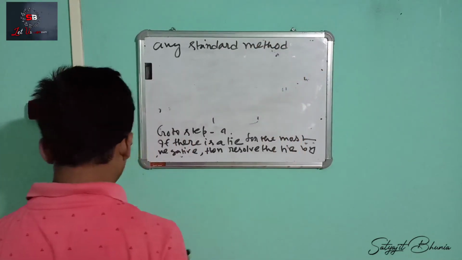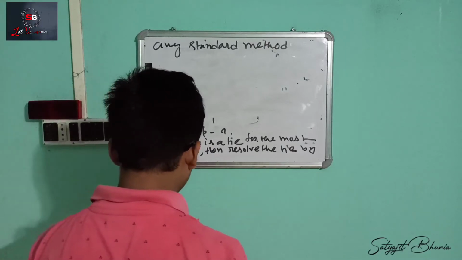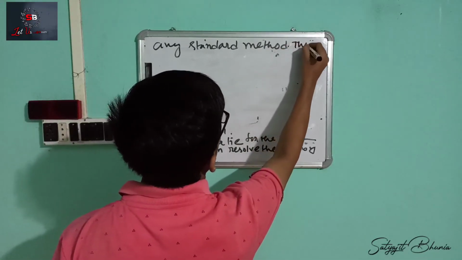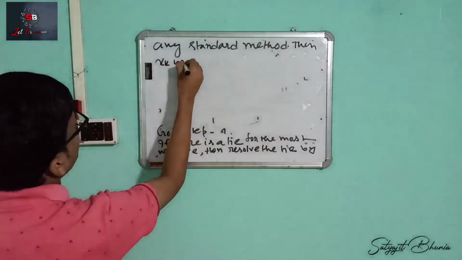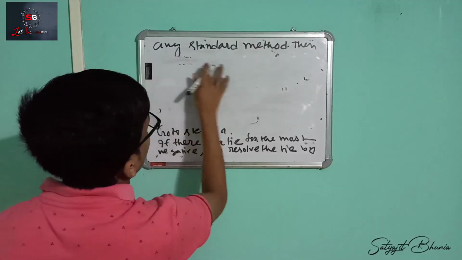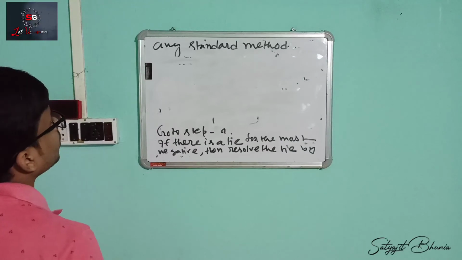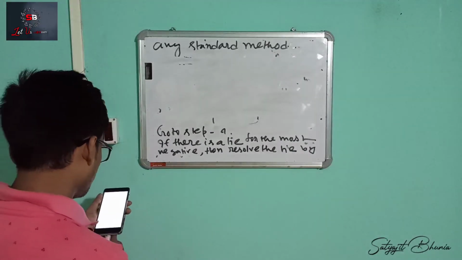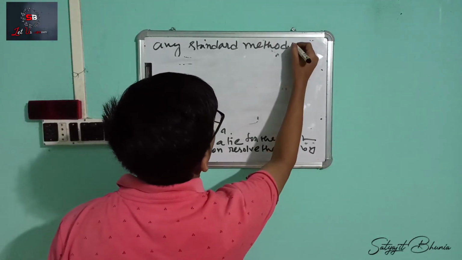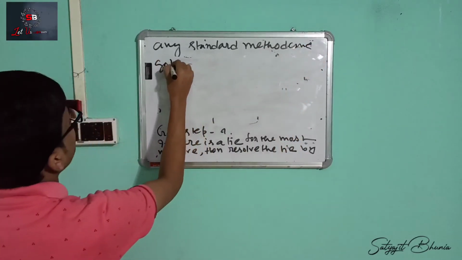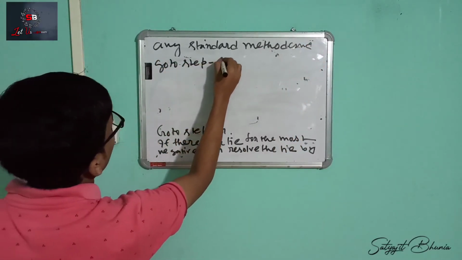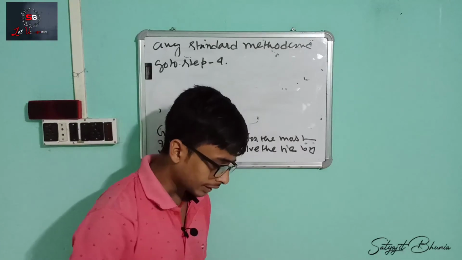Okay, we will resolve the tie by any standard method. Then xk will be the entering variable, and go to step 4.